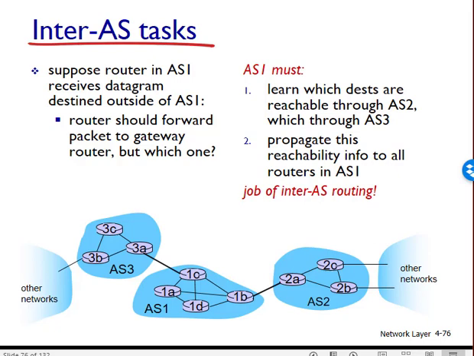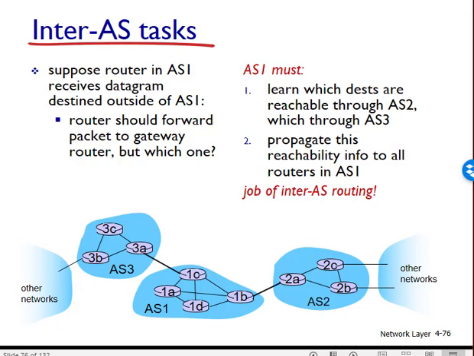In this case, because the autonomous system's intra-autonomous system routing algorithm has determined the least cost path from each internal router to the gateway router, each internal router knows how it should forward the packet.